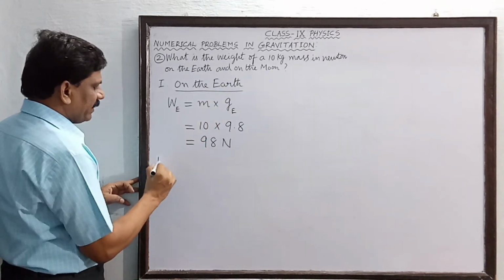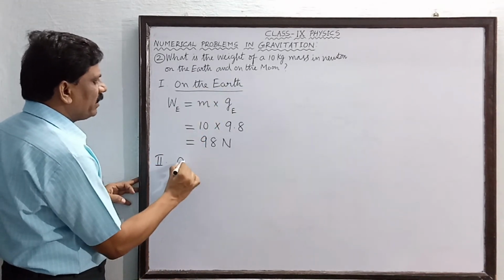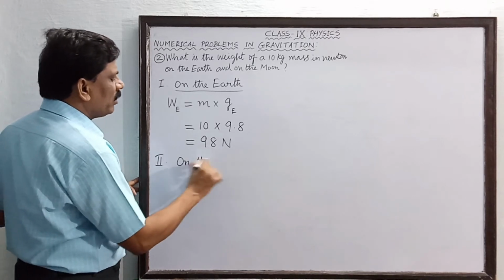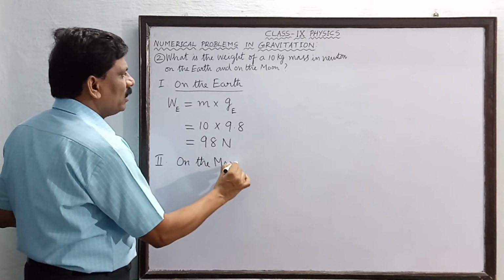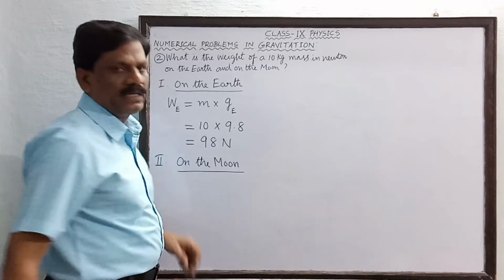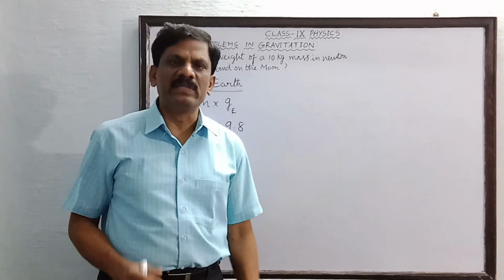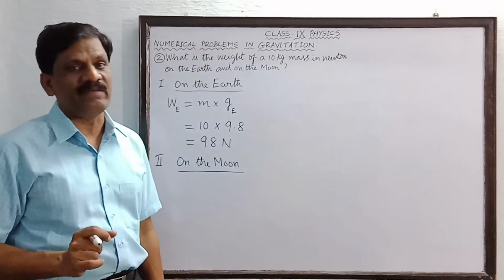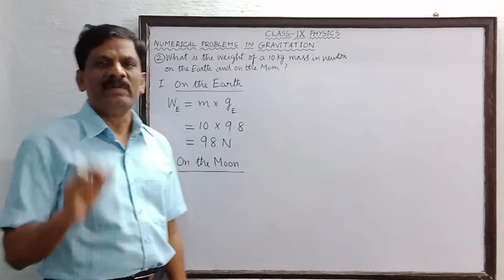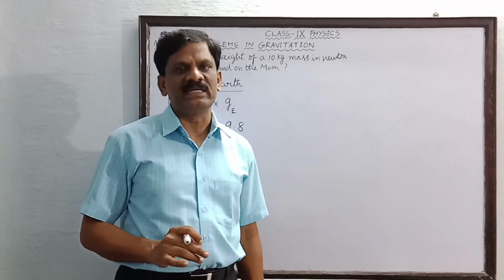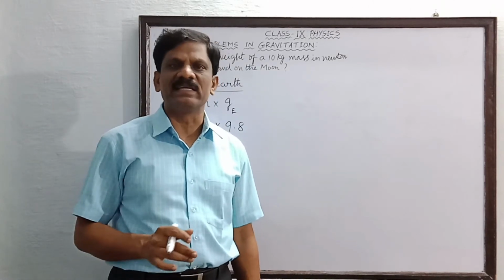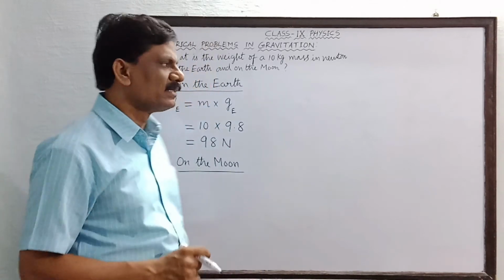Similarly, the second subdivision is weight on the moon, on the surface of the moon. Now, in the earlier class, I have taught you that the acceleration due to gravity, G, will be different on different planets and different surfaces like satellites like moon. Okay, students?